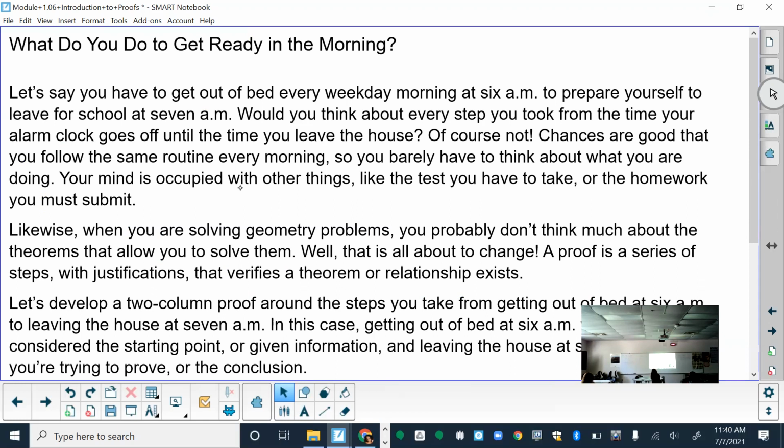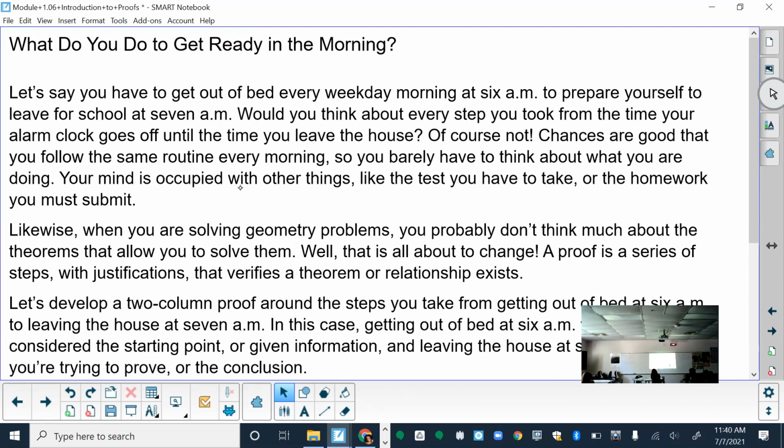Just like when you're in math, when you're simply solving for X, you're not really thinking about every single step that you need to do in order to solve for X. You just kind of know that I have to isolate the variable, or I have to divide this number to get that thing by itself. So in geometry, you're probably not thinking about the rules necessarily for how to solve something.